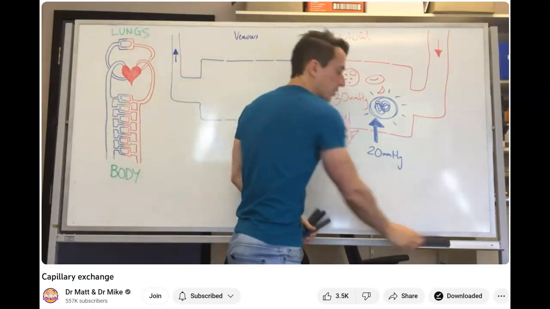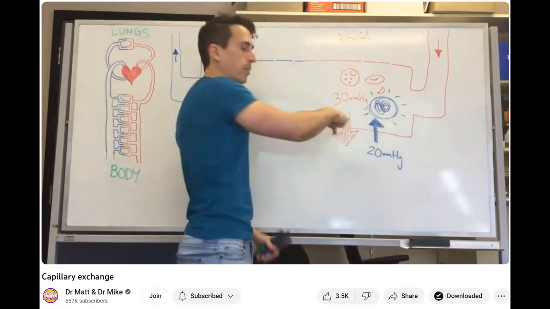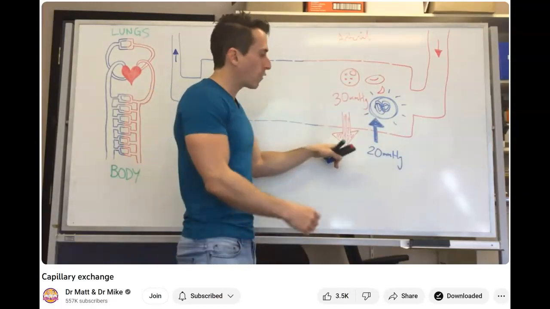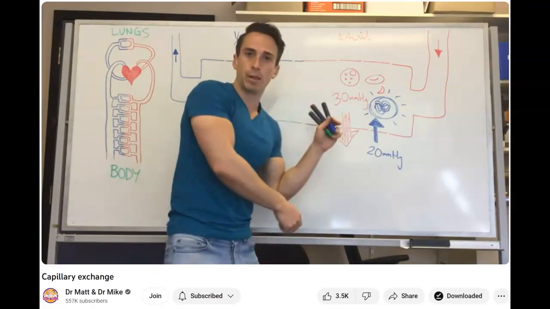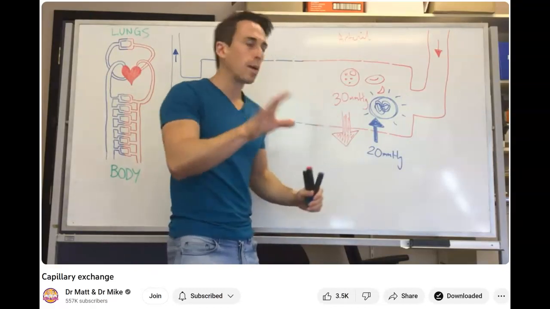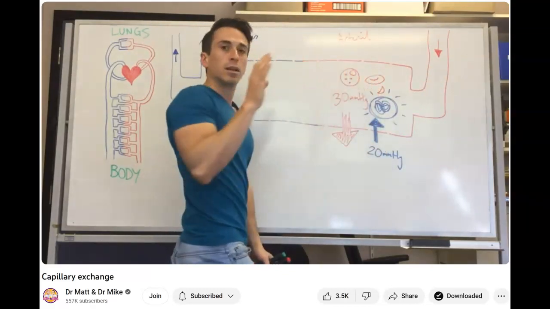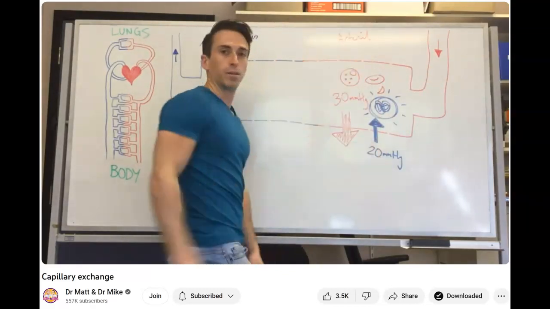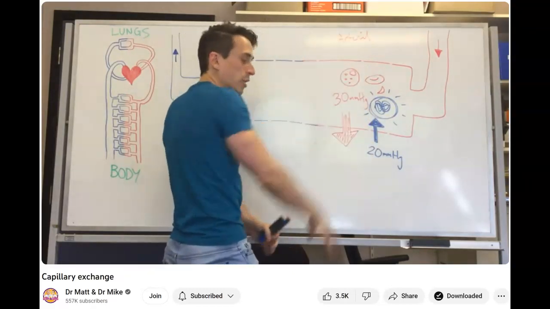They're exerting more force. So, if you have a look at these two, which one's exerting more force? The 30 millimeters of mercury pushing out. That overpowers the 20 millimeters of mercury by, what's the difference? 10 millimeters of mercury. Okay? What that means is, at the arterial end of a capillary, stuff gets pushed out. Okay? There's a pull back in, but overall, stuff gets pushed out.